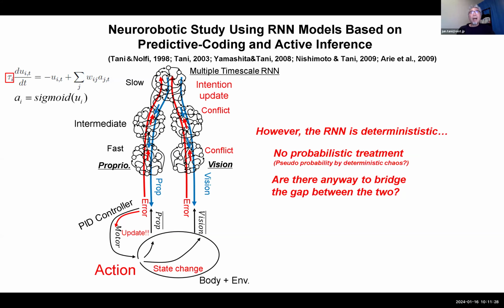I was invited by Carl Friston to give a talk in his laboratory, around 2009 or something like that. Then I first learned about Bayesian things. Before that, I was a completely deterministic modeling person and was not so familiar with that.